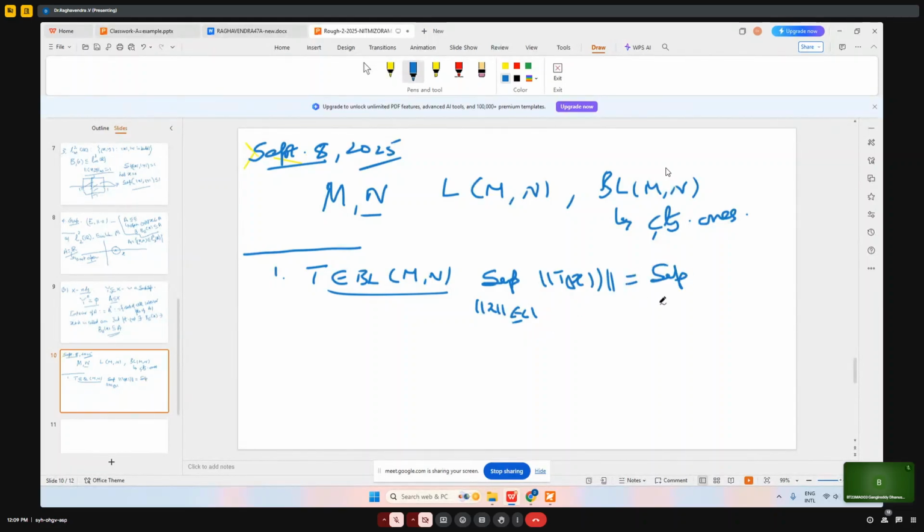This is the whole ball, and this is the surface of the unit sphere, of norm Tx. These two are the same if it is bounded linear. If this is true, then it is bounded linear.